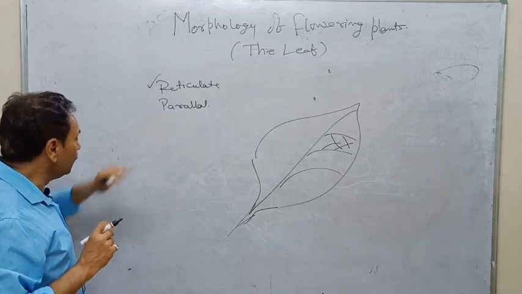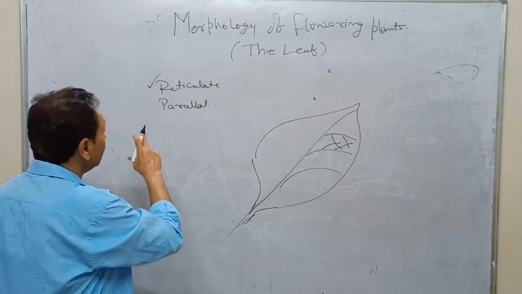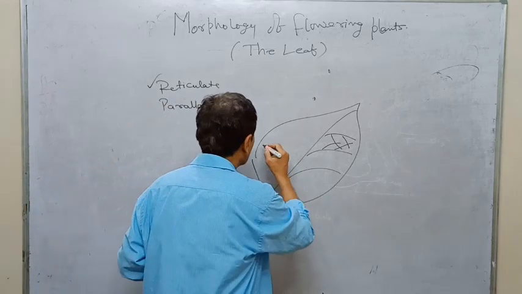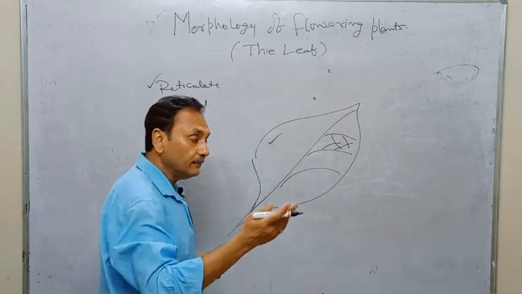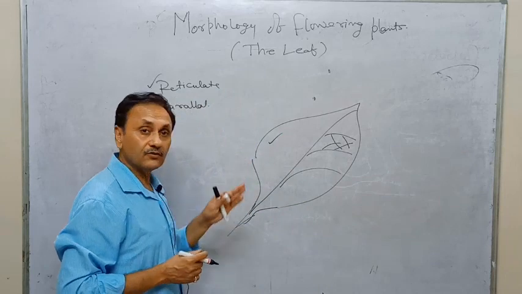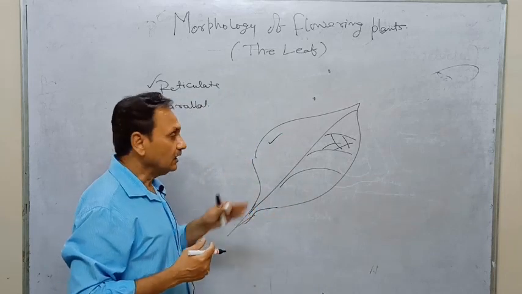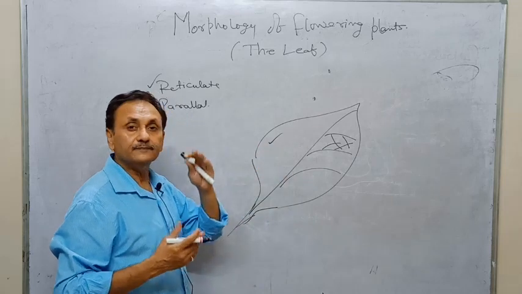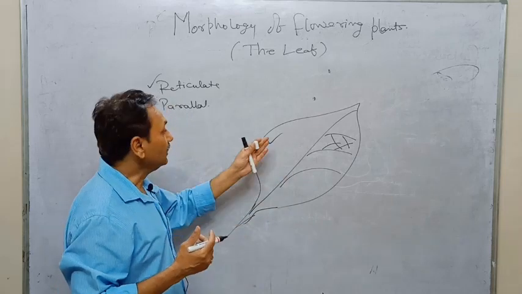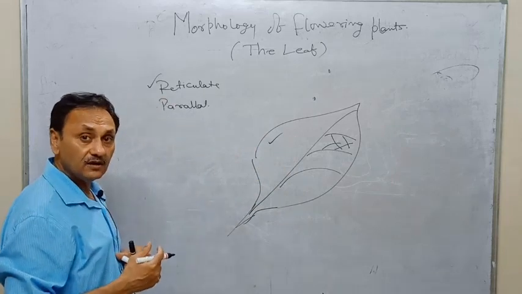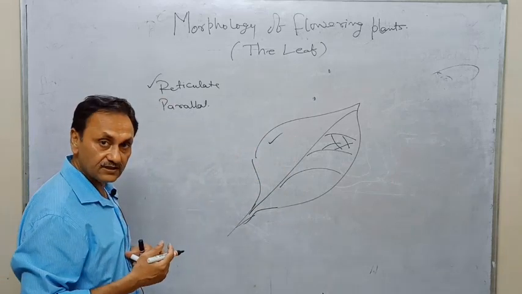But in monocots, the veins are arranged parallelly. Examples of reticulate venation are Mirabilis jalapa, China rose, mango, and the banyan or peepal tree.